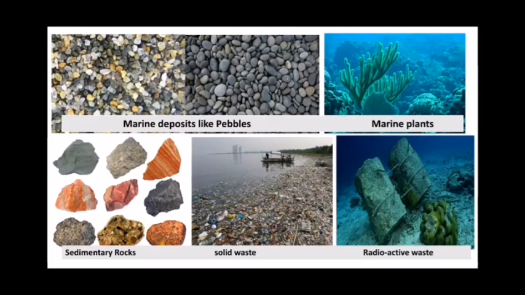And the second one is the radioactive waste. That is all the nuclear waste that is being dumped into the oceans, which is very, very dangerous to the aquatic animals. There are many other wastes that are being dumped into the ocean.